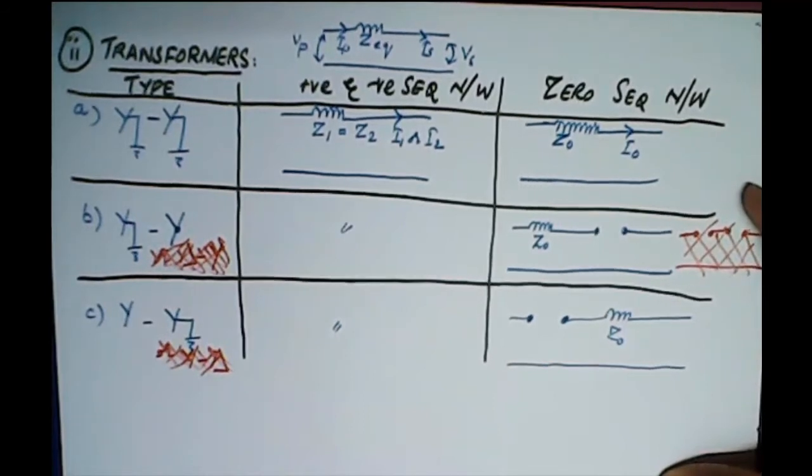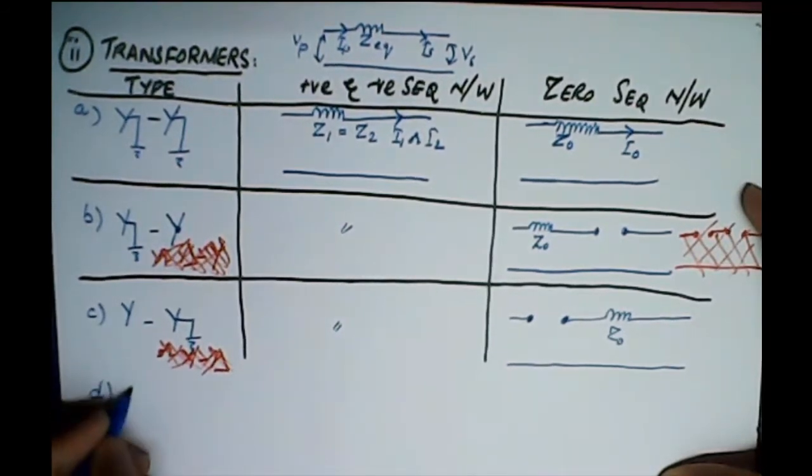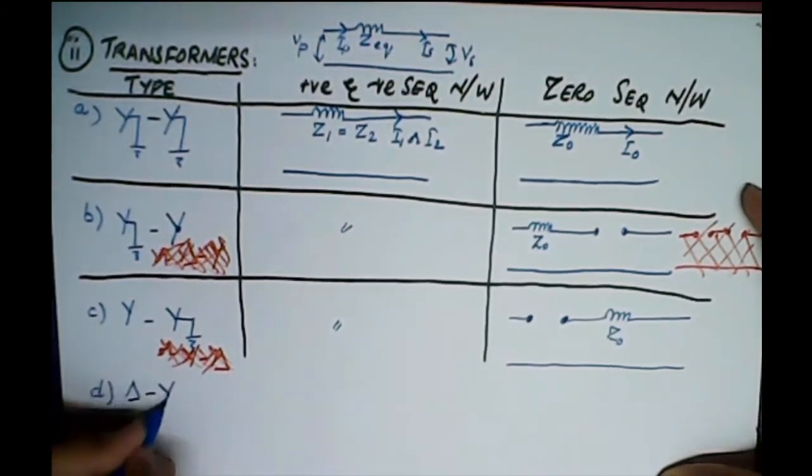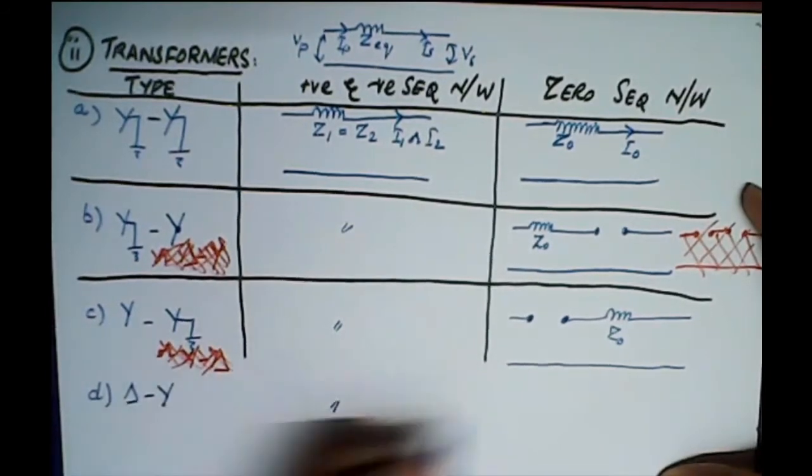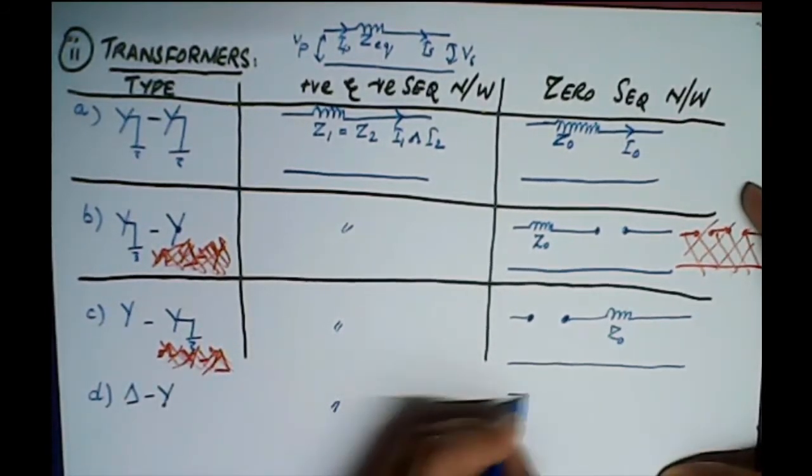Now comes the important scenario. Okay, first let's draw these ones. Delta Y ungrounded: positive, negative, same. Open.